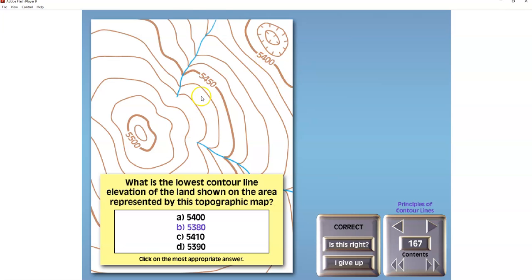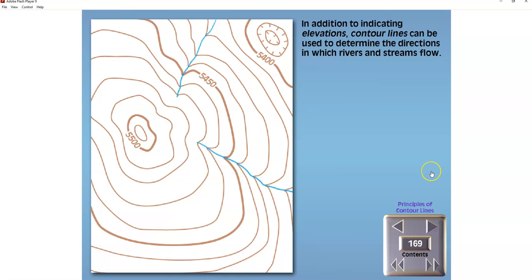That's what I did wrong. Mr. Rocco messed up. I was doing this line. So this is 5,400. I said the lowest. My bad. So this is 5,400. This is 5,390. This one is 5,380. Right. So I was doing the first depression line. My bad. Moving on.